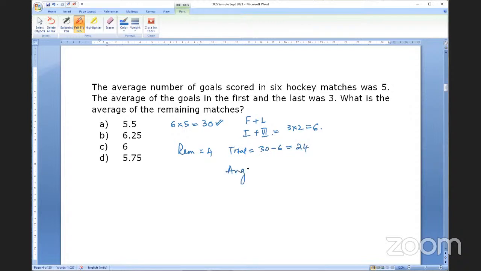So average is total divided by numbers. Total is 24 by 4. So average goals scored in the remaining 4 matches is 6. And yes, that we have in option C.